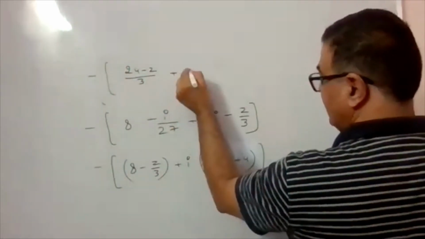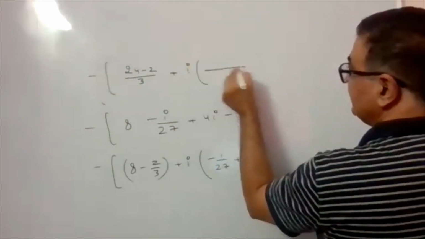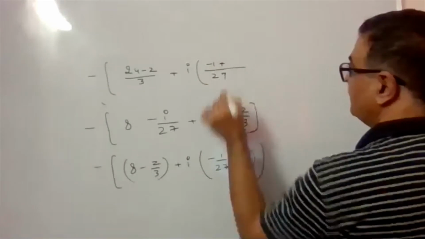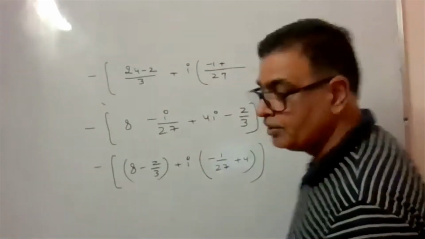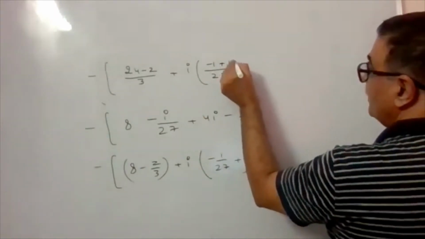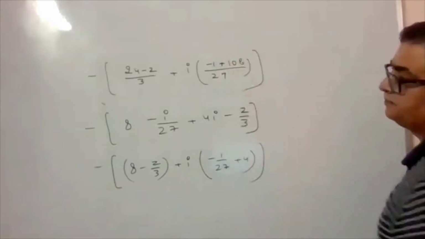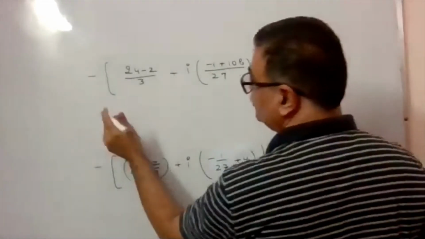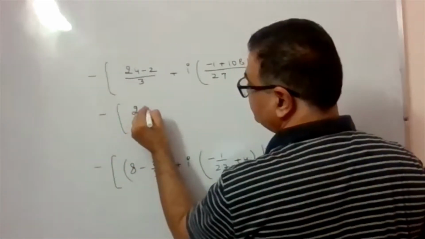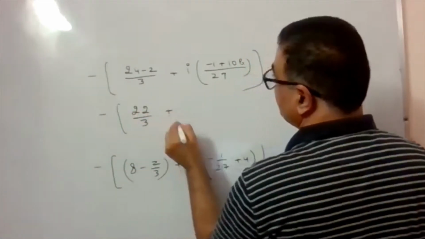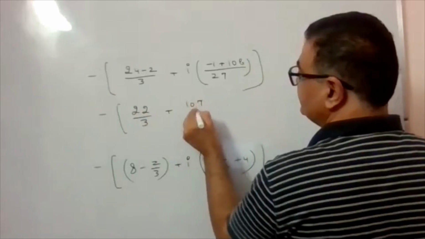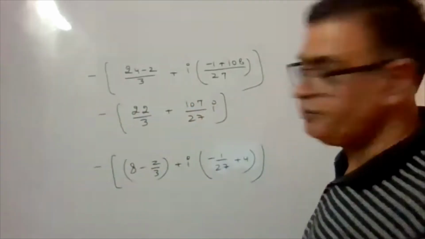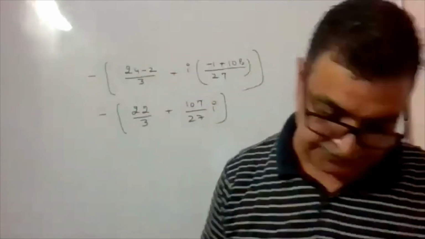And here iota is here, 27 is our LCM. So it will be coming minus 1 plus 27 into 4, 108. Now when you solve it, it will come out to be 22 by 3, first part. Second comes out to be 107 by 27 iota. Minus you can bring inside and you will get your answer.